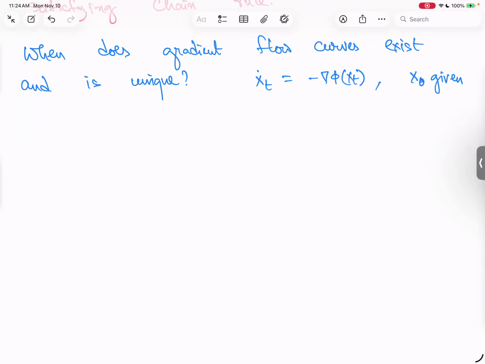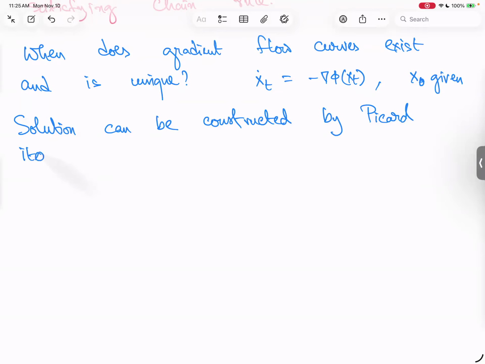Now, in Euclidean spaces, and also in Hilbert spaces, there is one easy way to construct the solution. The solution can be constructed by Picard iterations when the function that takes x to gradient of phi of x is Lipschitz continuous.